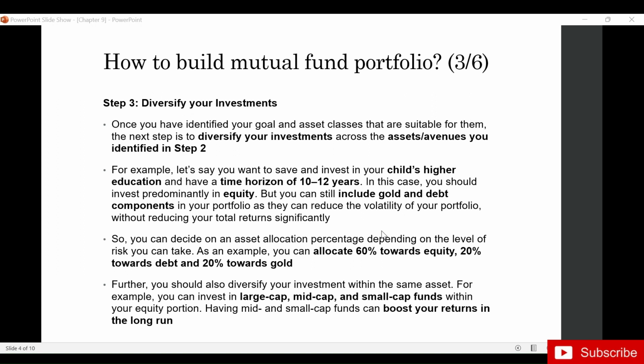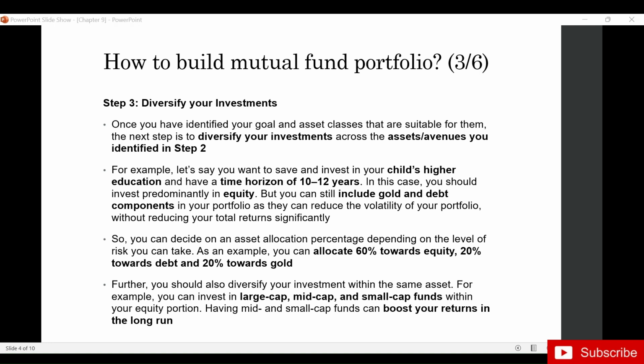Also, you can decide your asset allocation percentage depending on the level of risk you can take. For example, if you can take more risk, you should allocate 60% towards equity, 20% towards debt, and 20% towards gold. In this way, you will get more returns also, and the gold and debt components in your portfolio will help to reduce the volatility and risk.